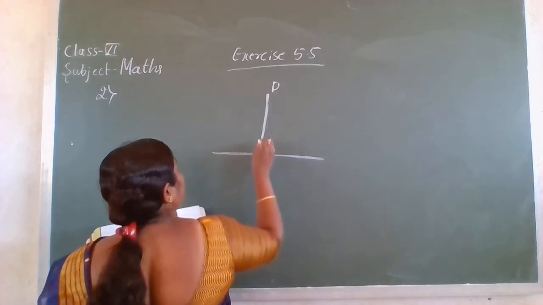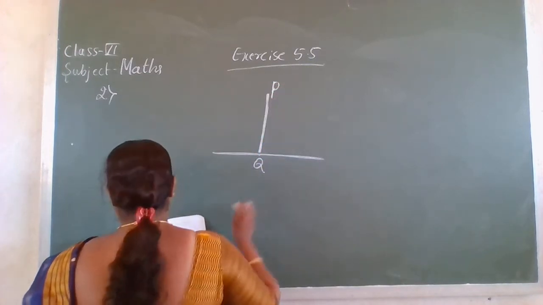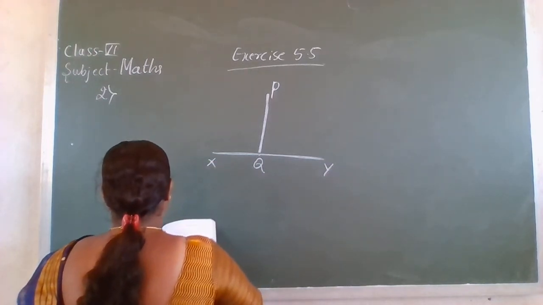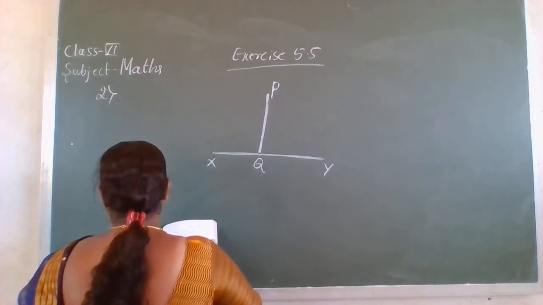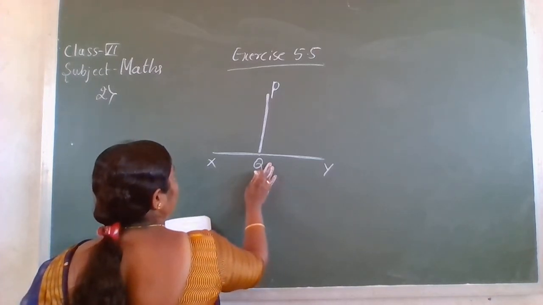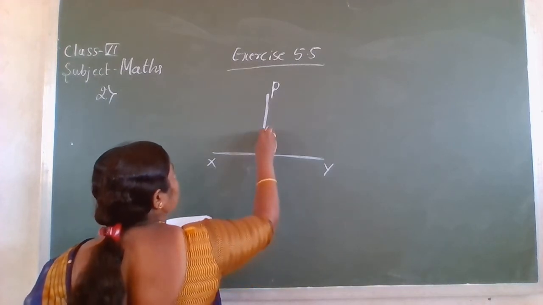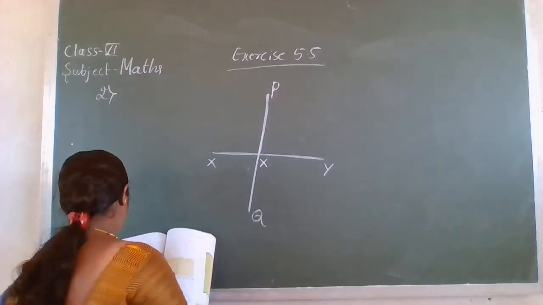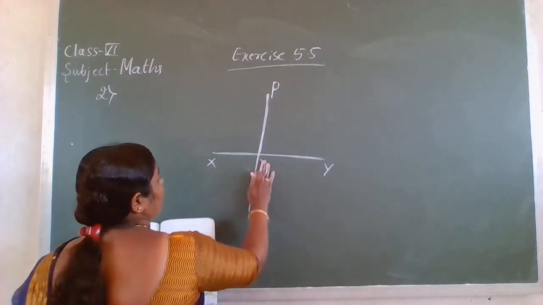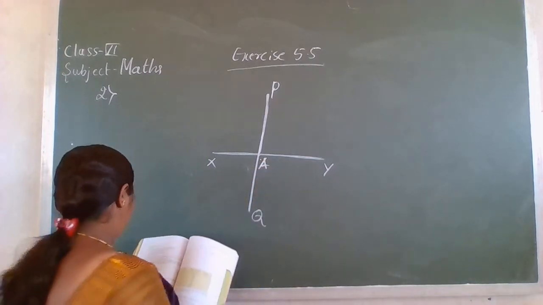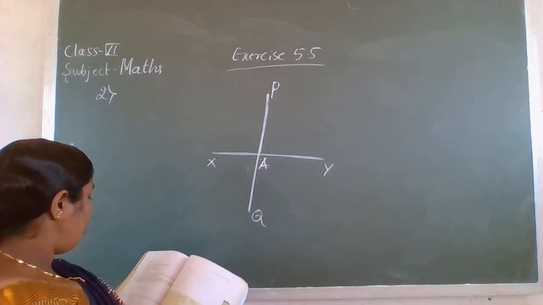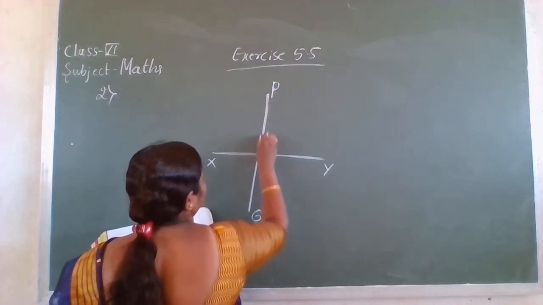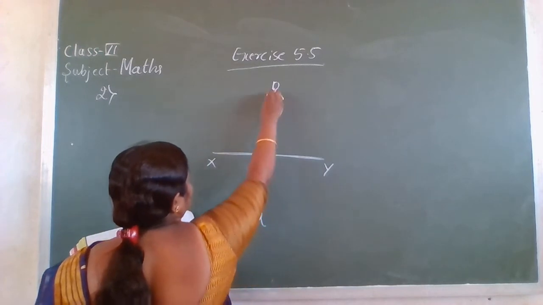This is PQ, perpendicular to XY, intersecting at point A. What will be the measure of angle PAY?